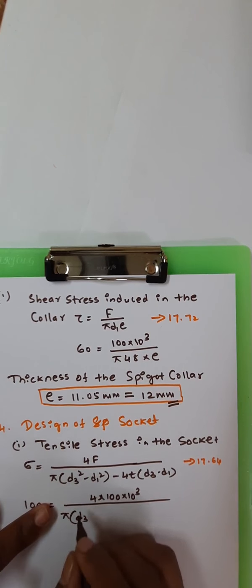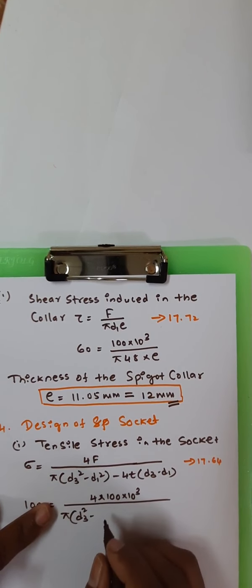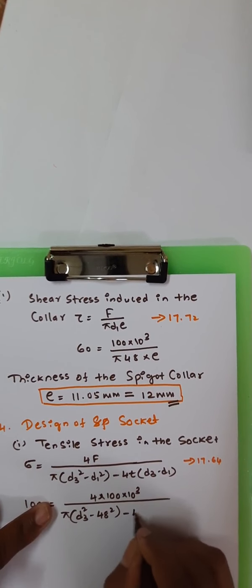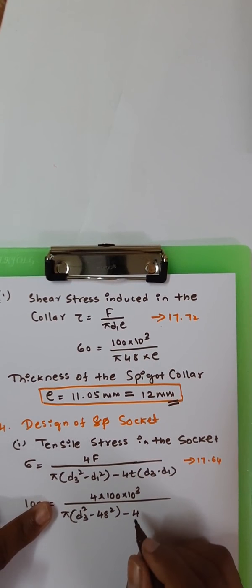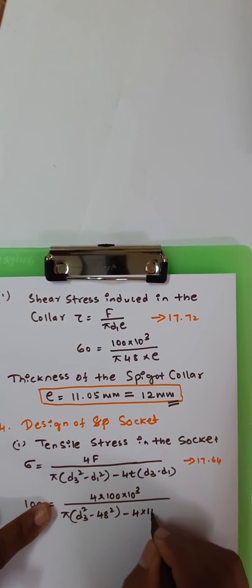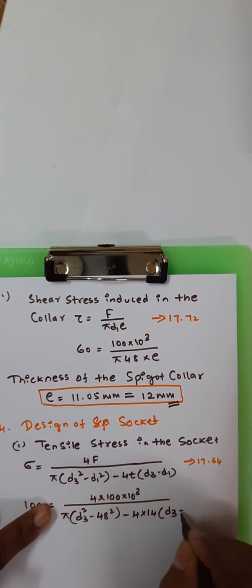So we need to determine d3, the outside diameter of the socket. d1 we know, that is 48, so 48 square minus 4 into the t value, we know the value of t, that is 14, into d3 minus d1, that is 48.